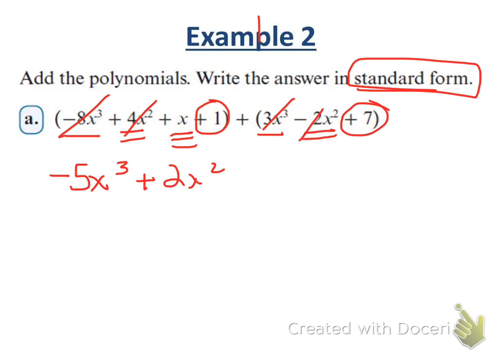And then plus x just comes down because it doesn't have any friends. Plus 1 and plus 7 is plus 8, right? So negative 5x cubed plus 2x squared plus x plus 8.